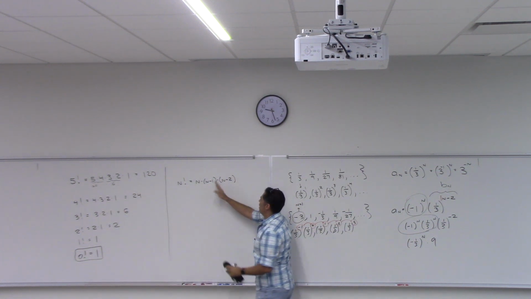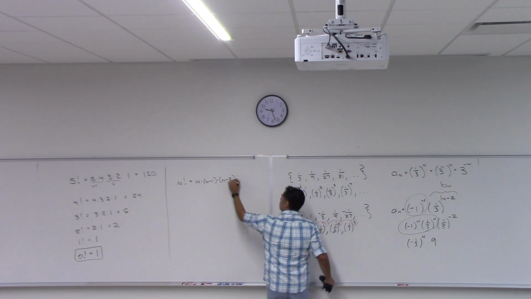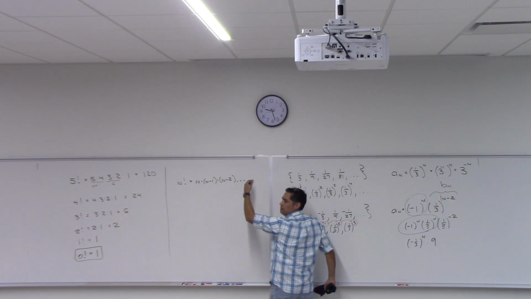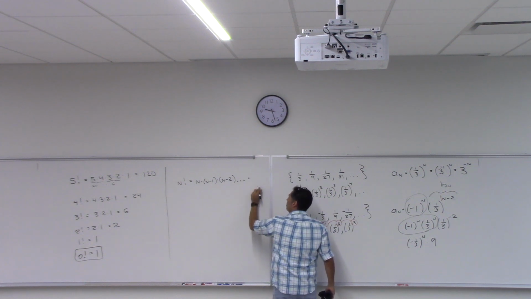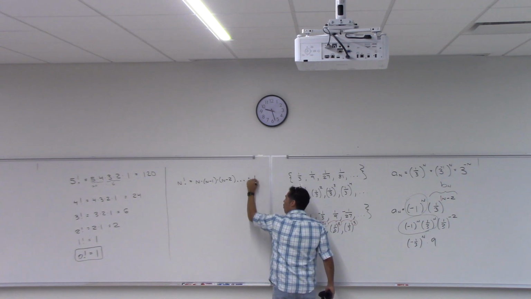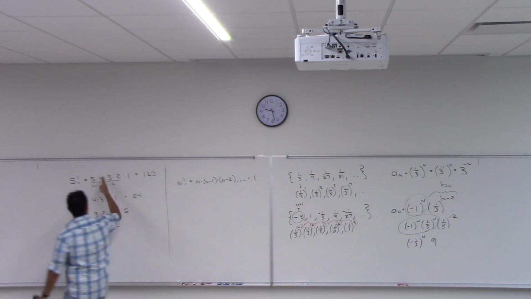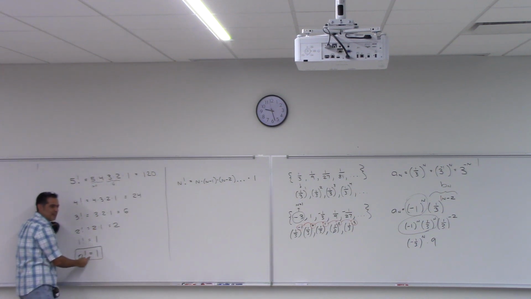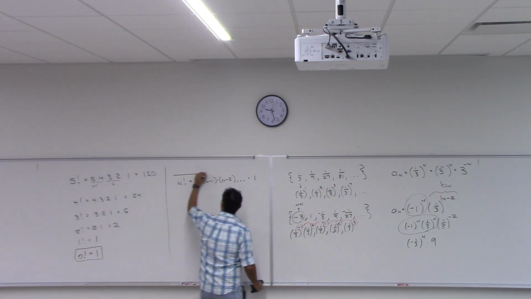And how many of these am I going to do? Well, it depends on n. So I'll put dot, dot, dot, meaning I'm going to repeat that pattern of subtracting until I get to where? When do I stop? When I get to 1. So this is the definition of n factorial.